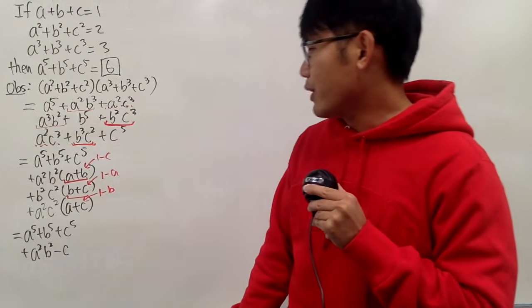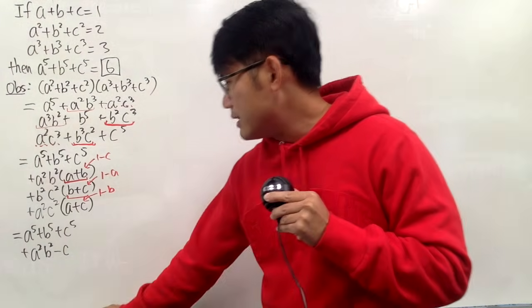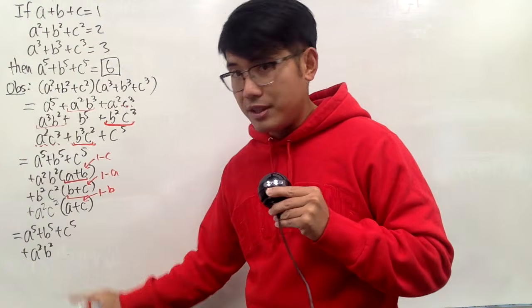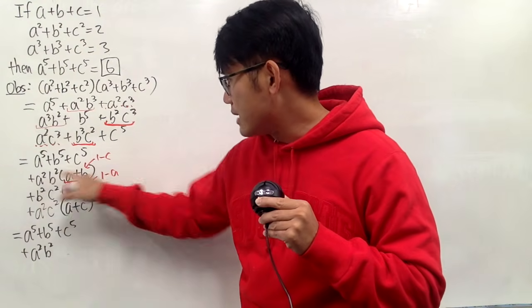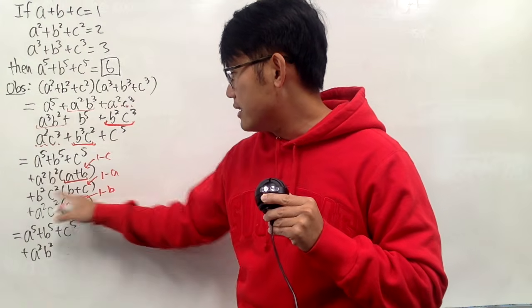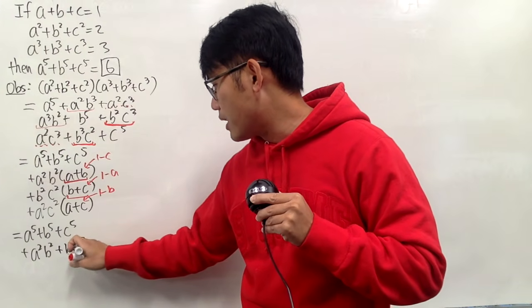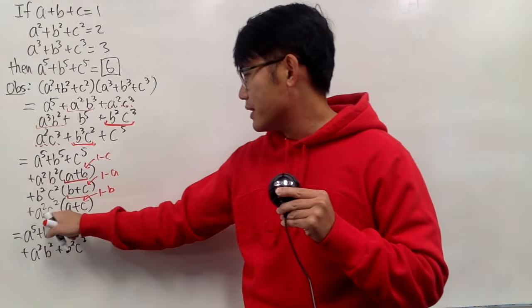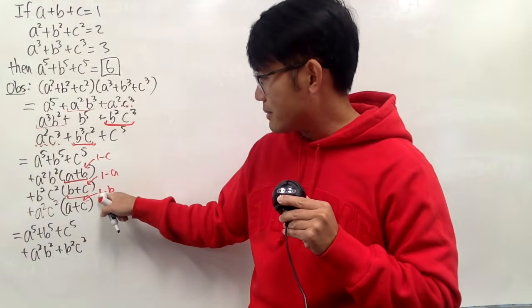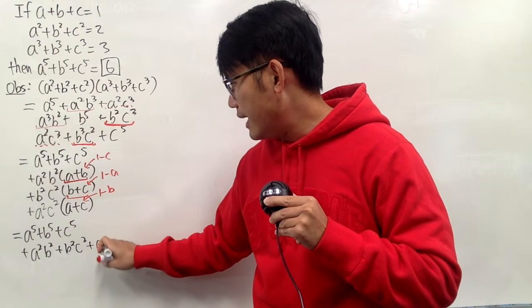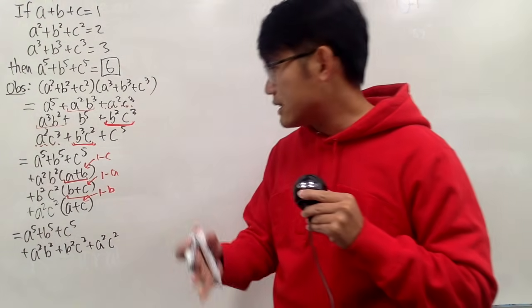And let's see if we can do something in our head first. So let's do all the distribute with the ones first, okay? So we have this times 1, so that would be this part. And this times the 1, we will have the plus b squared c squared part. And we have a c squared times the 1, so we have plus a squared c squared. So that's very nice.